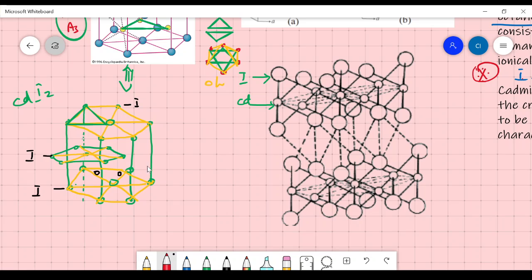See that it is joined together by means of a... okay, these two will join with these two. And the next iodine layer will be somewhere here and somewhere here.